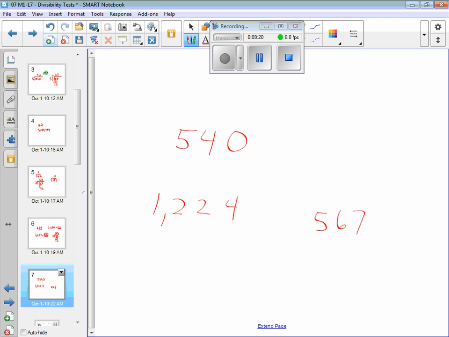Will 9 work? Yes. How many say yes? Why? Because it adds up to 18, and therefore 9 can go into it. Okay? So far, so good?